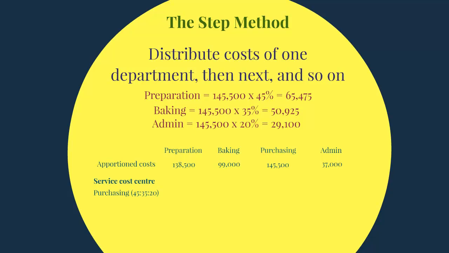And we can see here that we now apply these costs. Now the next thing is we have to do the same thing for admin, but of course admin is no longer worth 37,000. It's now worth 66,100 because we've added that 29,100 that was applied to it by the purchasing cost center.